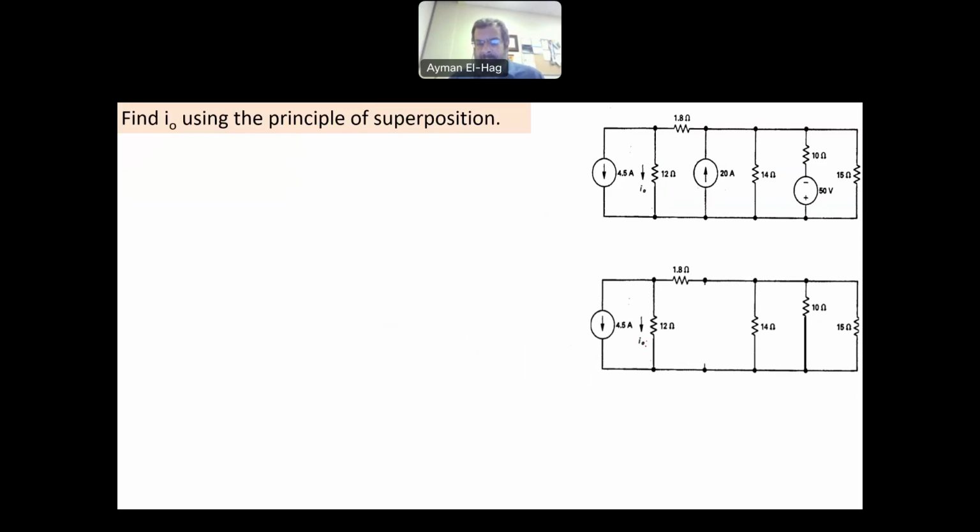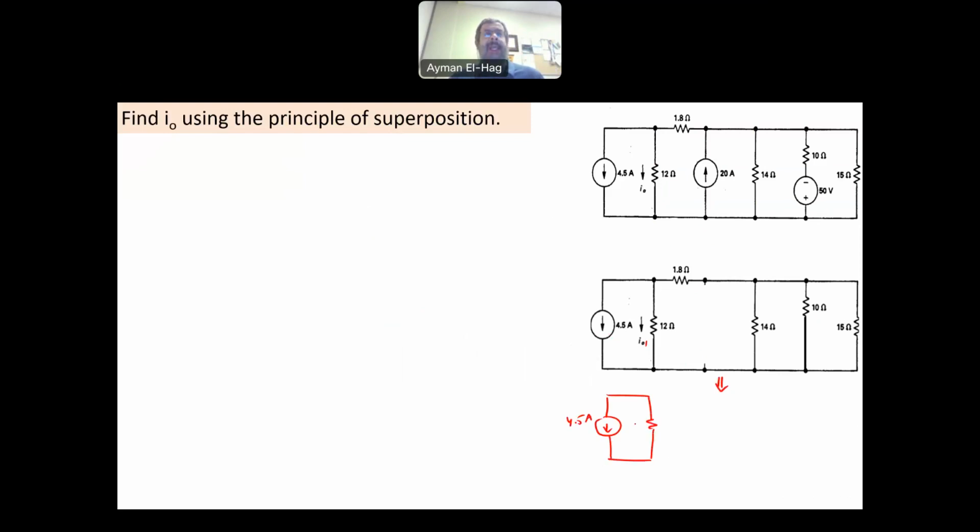So now I want to find I01. This is the current due only to the 4.5 amps. And this is a very simple circuit. This circuit can be reduced to the current source, the 4.5 amps, and the resistance of interest.